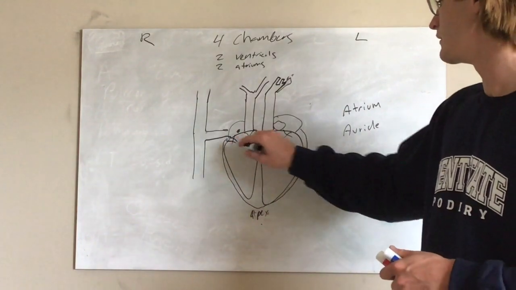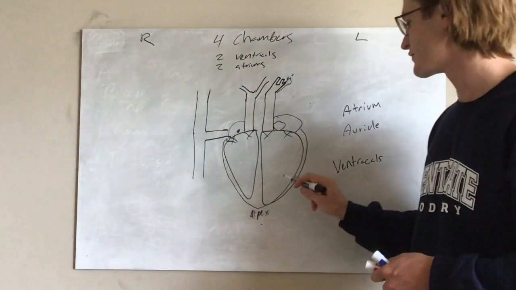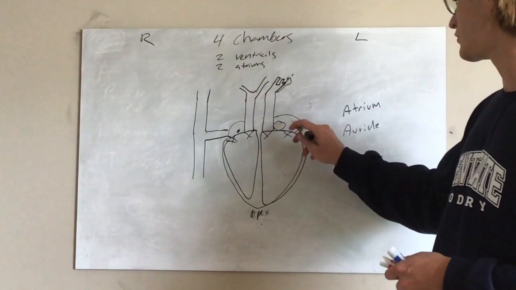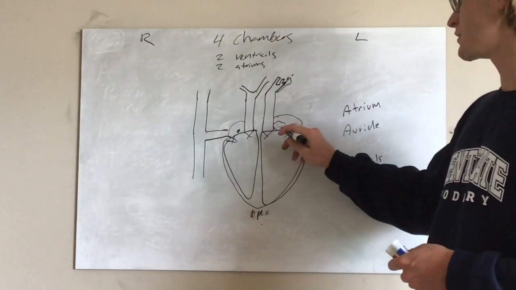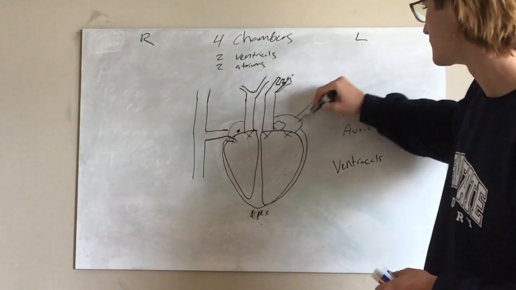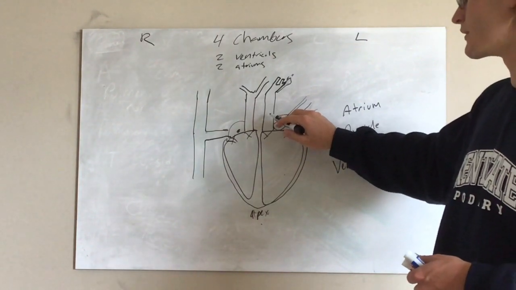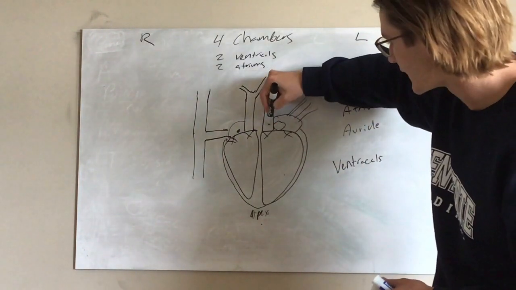Let's get started on the left side of the heart. There's our left ventricle, this is our left atrium, our left auricle. This is going to be our pulmonary, and this is our aorta.